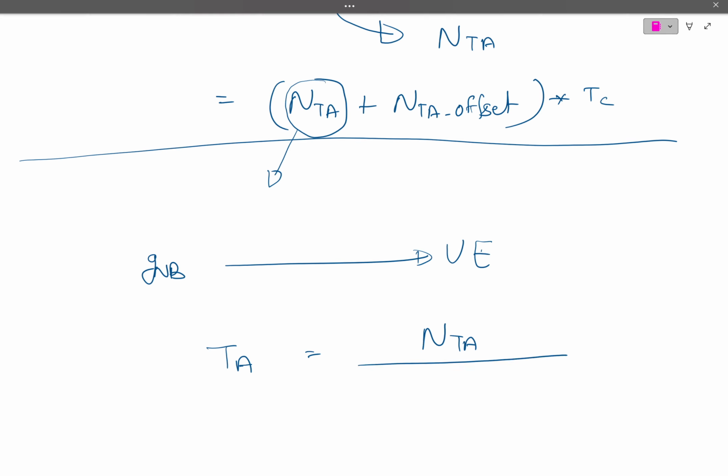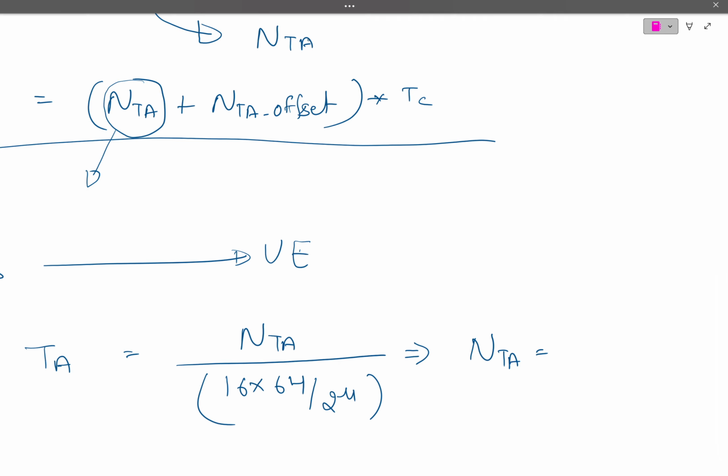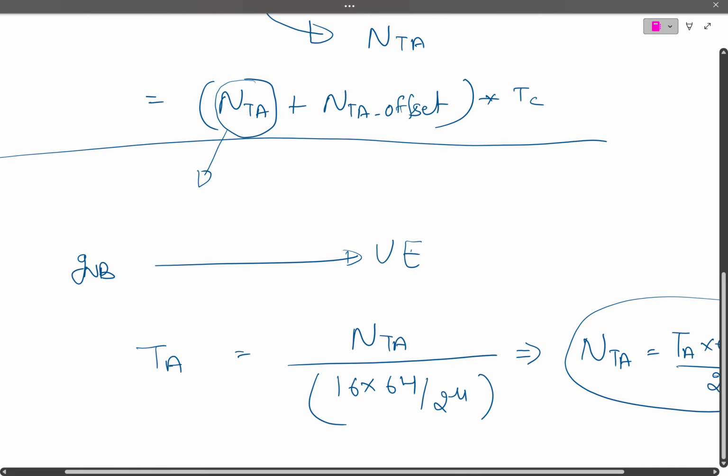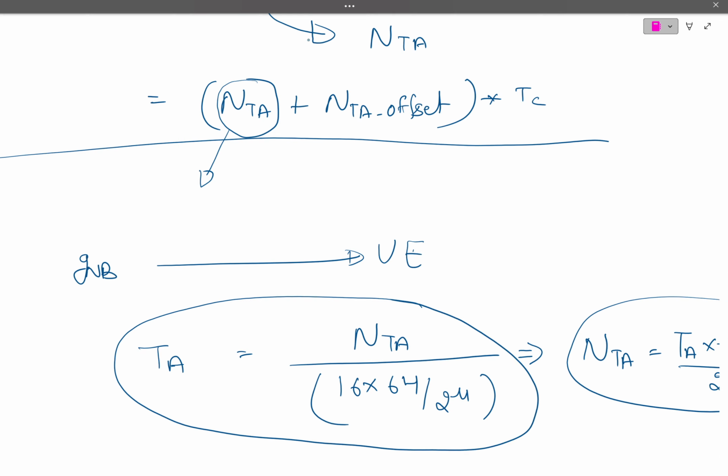This TA is nothing but the quantization of N_TA, which is 16 multiplied 64 divided by 2 to the power mu. This depends on the sub-carrier spacing, or if we rewrite, the 38.213 says N_TA as TA multiplied 64 into 16 by 2 to the power mu. This is what the spec says, so I have just rewritten it in a different way.